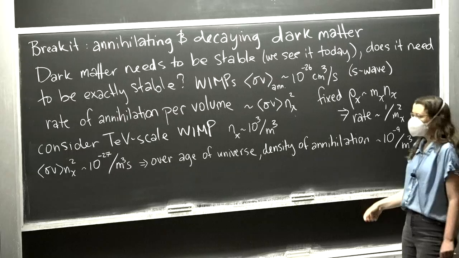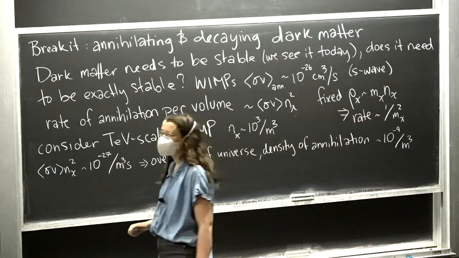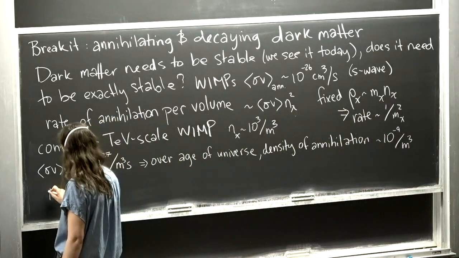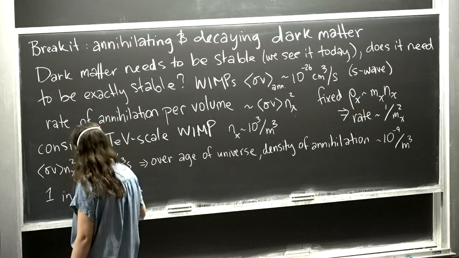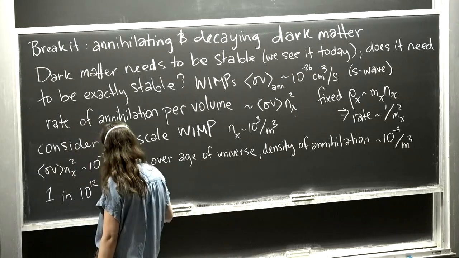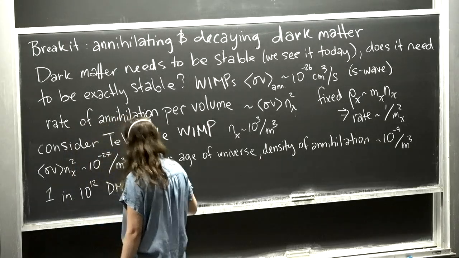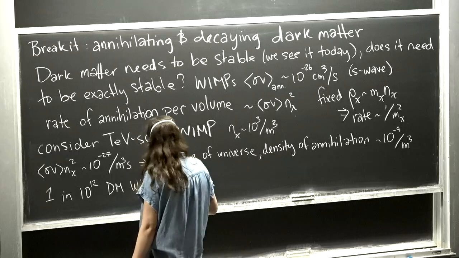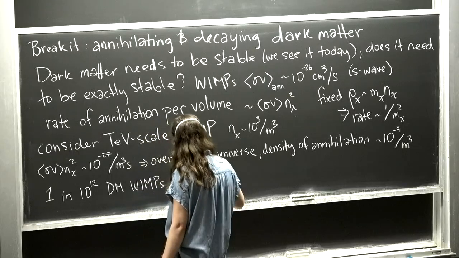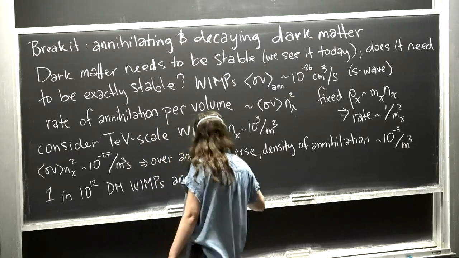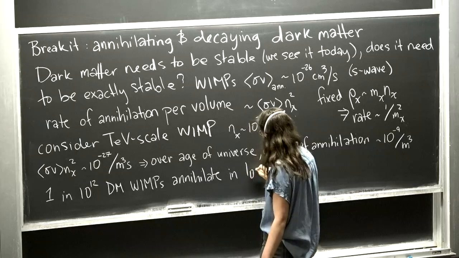And so what this means is that only 1 in a trillion, so 1 in 10 to the 12 dark matter particles, dark matter WIMPs, annihilate in the local Milky Way.